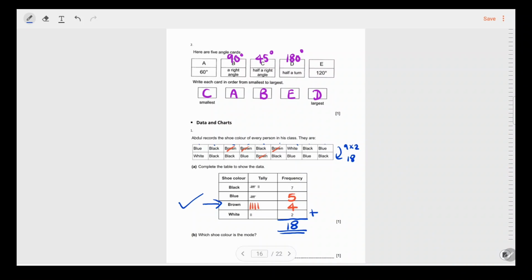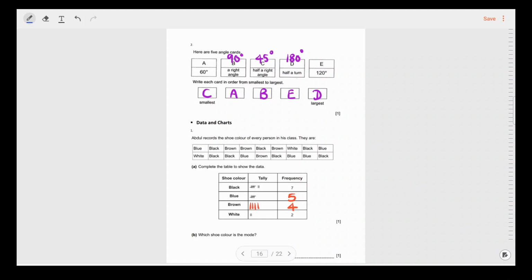Great. Now that we have checked that, let's answer the next question. Which shoe color is the mode? So you should know the meaning of the terms mode, median, and range. Mode refers to the most frequent, which means in this case, which shoe is worn the most.